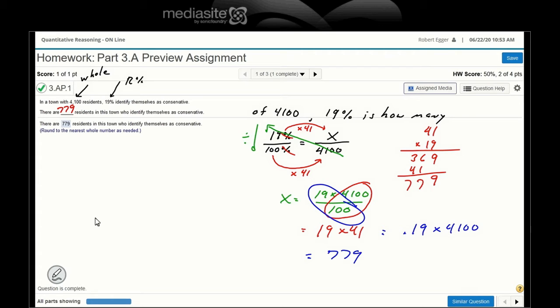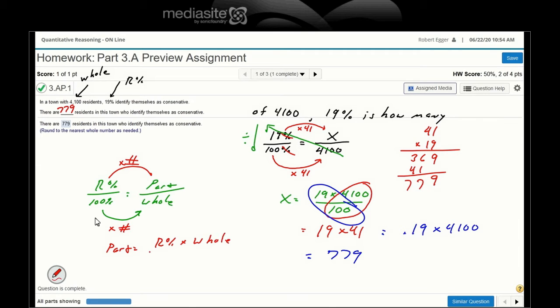So for percentages, knowing the setup, and how to manipulate it, we want to times some number, times some number, or do the cross product of the percentage we're looking for in the whole, divided by 100%.